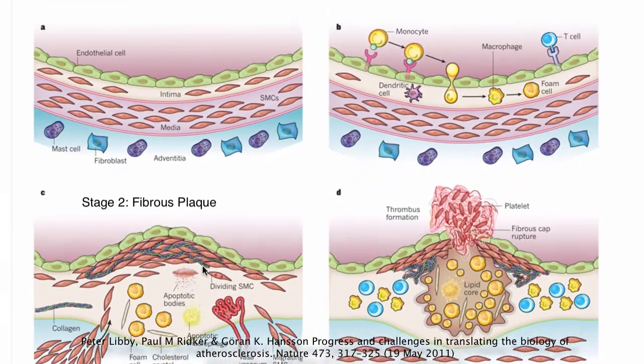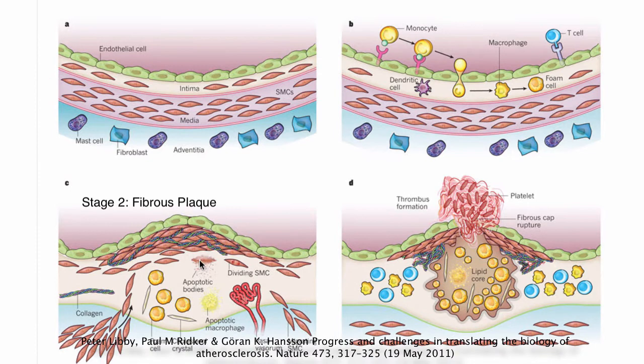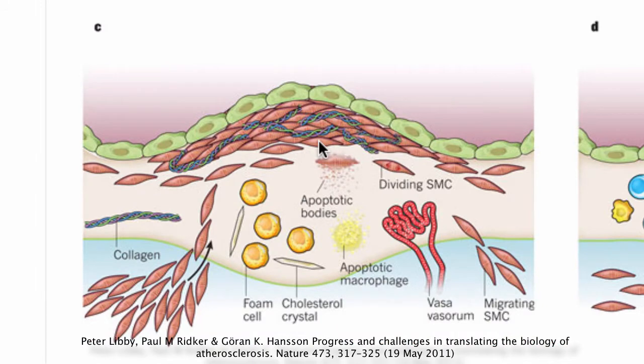Stage 2. Fibrous plaque. The fatty streak gradually progresses to the fibrous plaque over time. The fibrous plaque consists of smooth muscle cells, macrophages, lipoproteins, and lymphocytes.